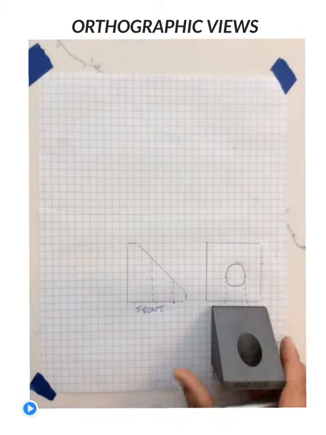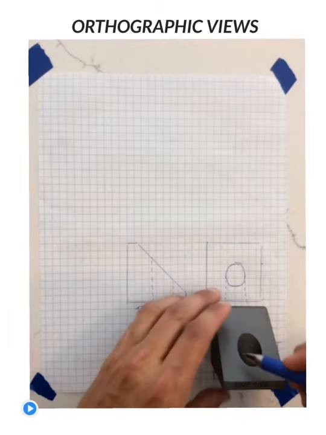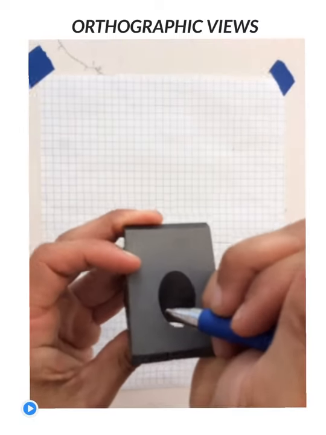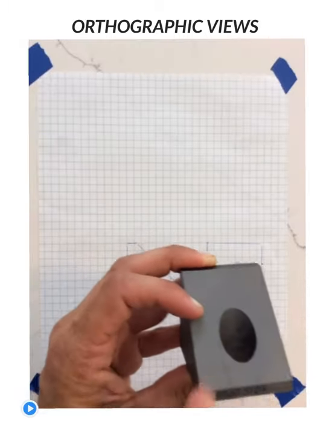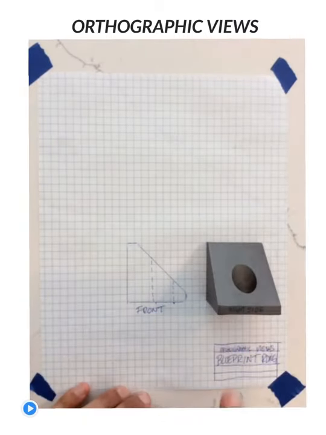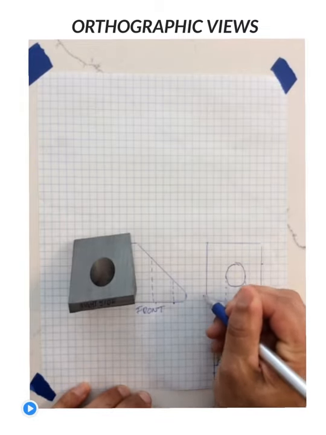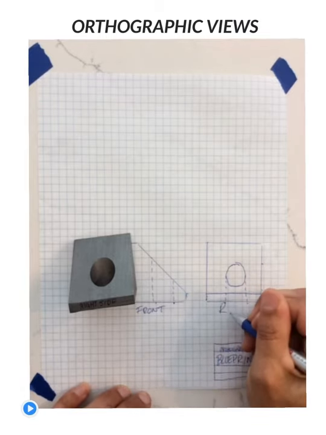You can see the hole here, and we know that that hole goes all the way through. If I was able to put little hash lines on there, we know that there is an edge in there. One thing else that I'm missing is this edge right here on the top. So I'm going to add it, coming right across here. That is your right side.